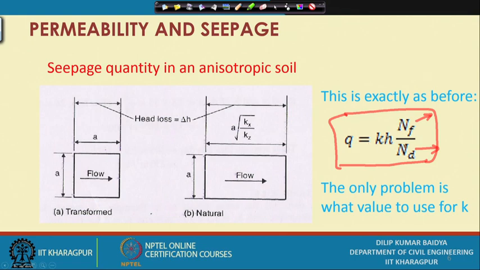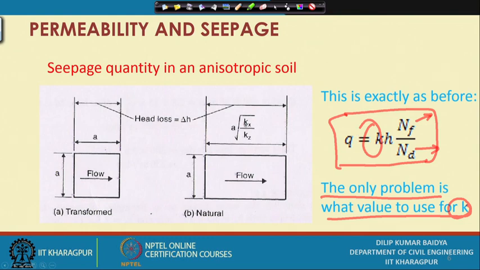But in transforming, the only problem is what value to use for K. When I transform the section, the K will not be the same, K should be different, because K was originally different in the two directions. To do that, this sketch can be used.